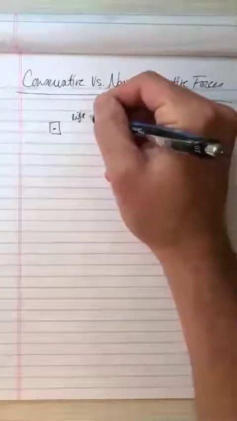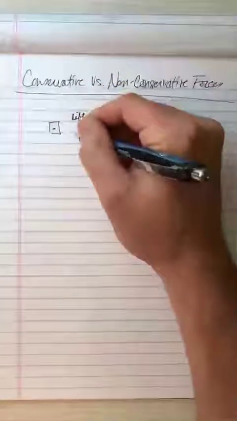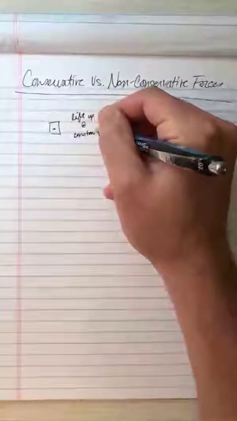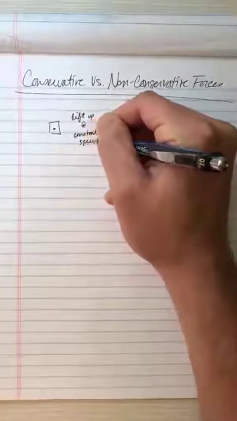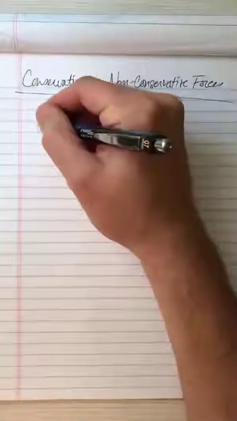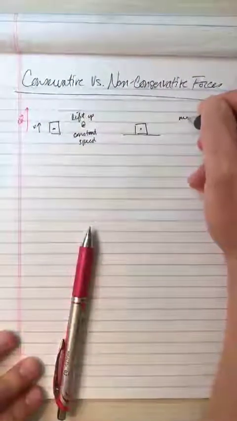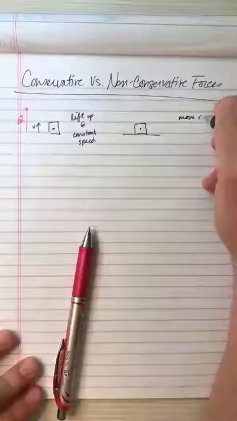The first one, we're going to lift it up at a constant speed, so vertical motion. So it has some upward positive velocity. It'll experience some upward positive displacement due to that motion. And the second, we're going to move to the right across a table.